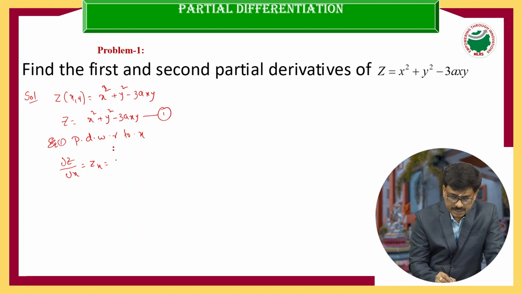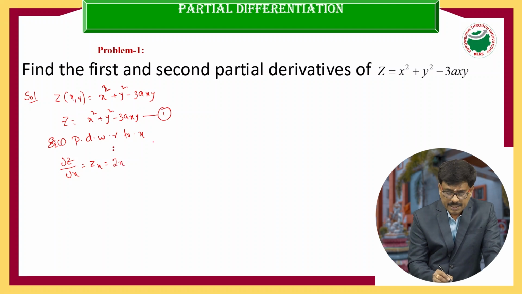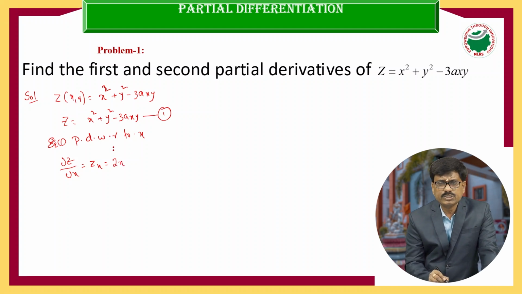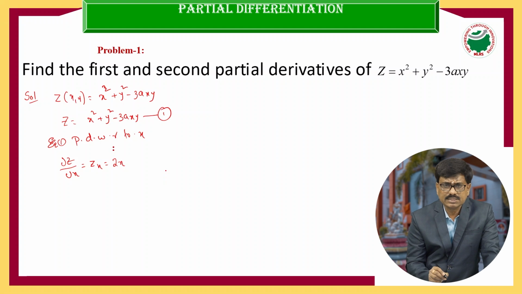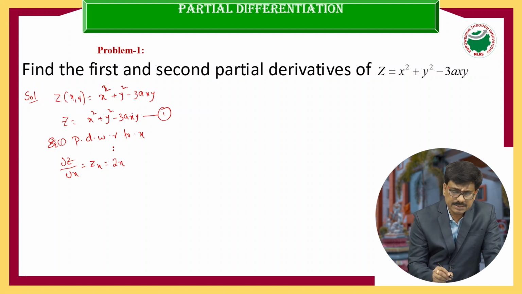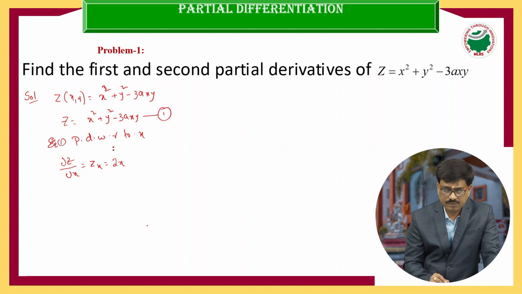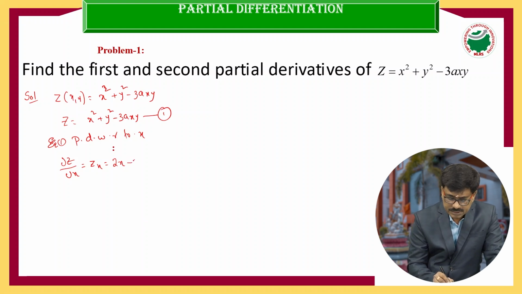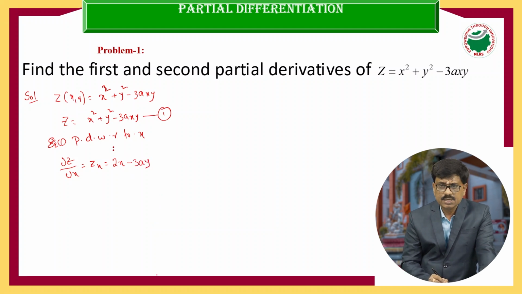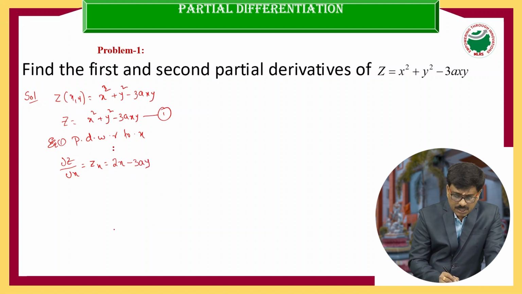Similarly, the x square derivative becomes 2x. When we take the partial derivative with respect to x, we treat y as a constant. We know the derivative of a constant is 0. Therefore, the y square term becomes 0. And similarly, there is a term x; the derivative of x is 1. This becomes 3ay.